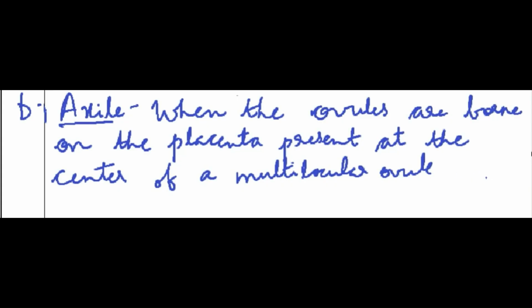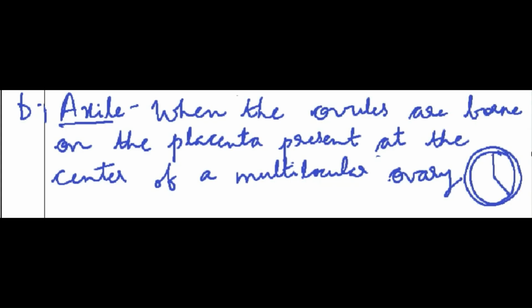When you take the cross section of an ovary in case of a multilocular condition, multilocular means the ovary is divided into many compartments. There will be septa formation, like that.